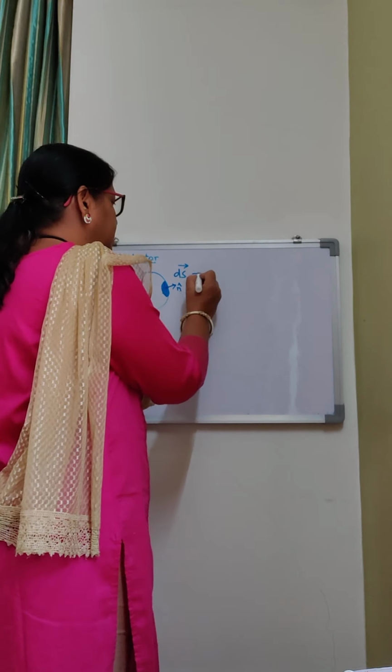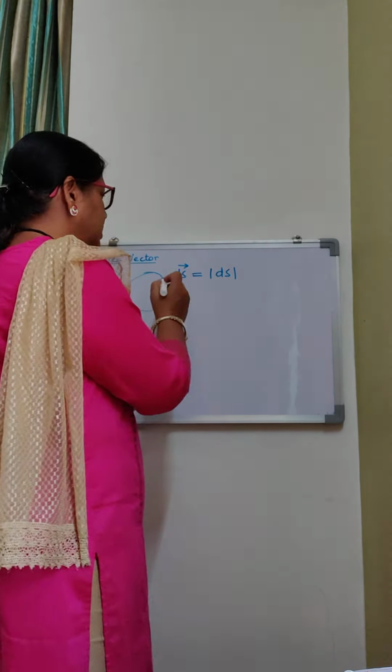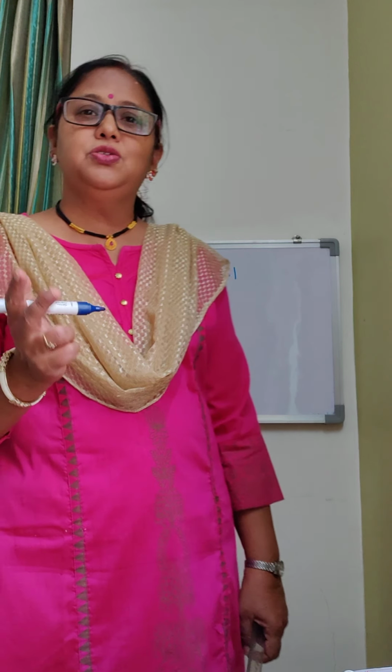So this complete vector can be written as mod of ds, that is only the magnitude of this area, and since the vector has two things, magnitude and direction, magnitude is the magnitude of the area which we are taking, जो भी area हम ले रहे हैं उसका magnitude, and the direction of the vector.